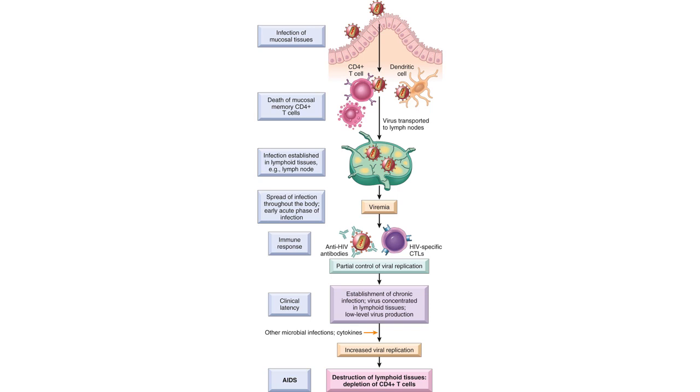An example of a bacterial infection that heralds acquired immunodeficiency syndrome is tuberculosis. And this form of tuberculosis is disseminated, not only infecting the lungs, but also infecting the brain, the kidneys, the liver, the bone.